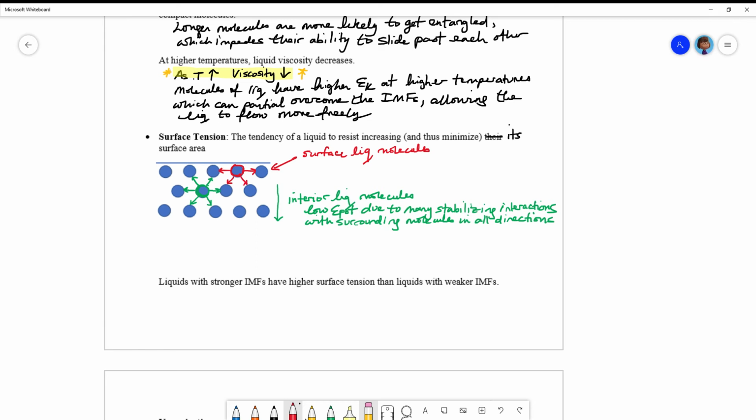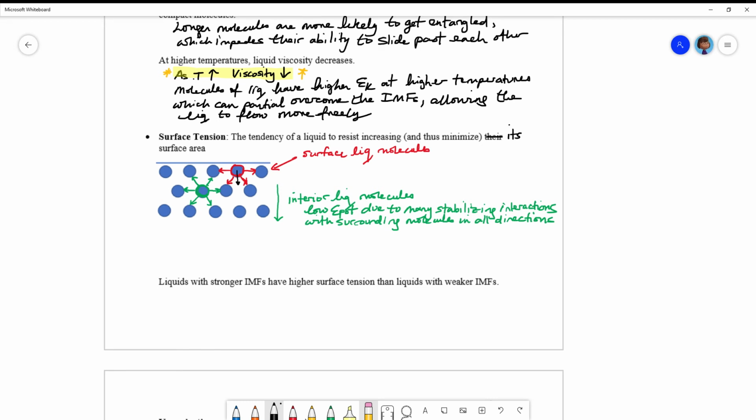So let's note that there are fewer stabilizing interactions for the surface liquid molecules. Also, if we consider the intermolecular forces to the left over here and the right over here to cancel, this means that the surface liquid molecules are essentially being pulled. There's a net pull of our surface molecules towards the interior of the liquid.